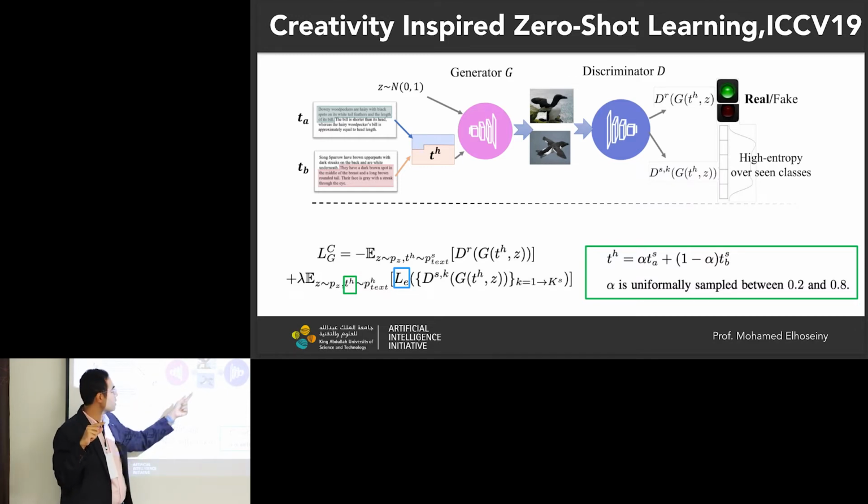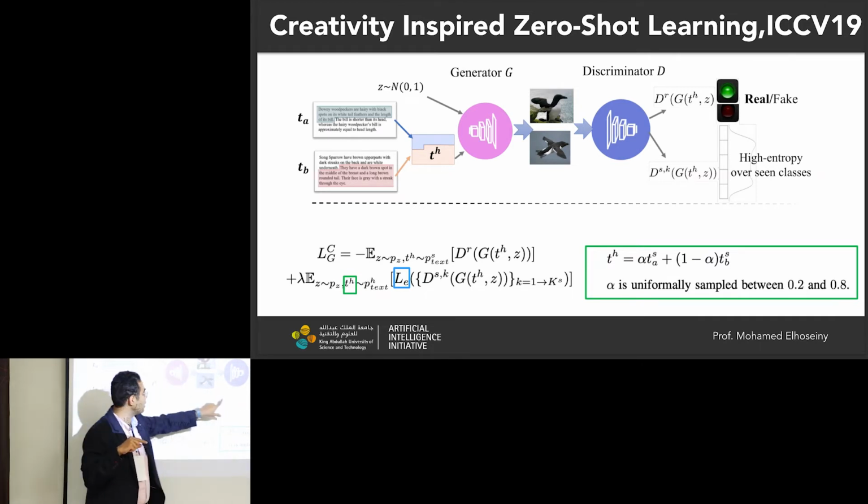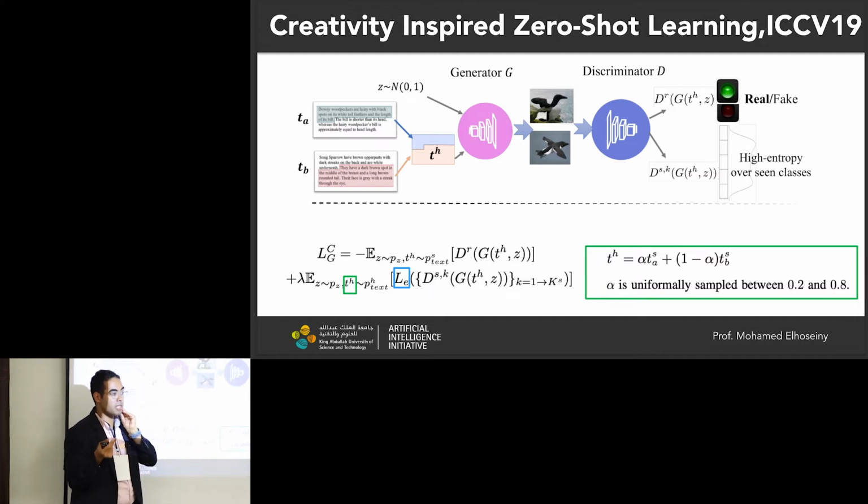This is a generation of a hallucinated unseen class, and we have here a classification head over seen classes. So what we did is that we encouraged this model to have a high entropy over seen classes, meaning the generations that come from the descriptions of hallucinated unseen classes should not belong to any seen class.